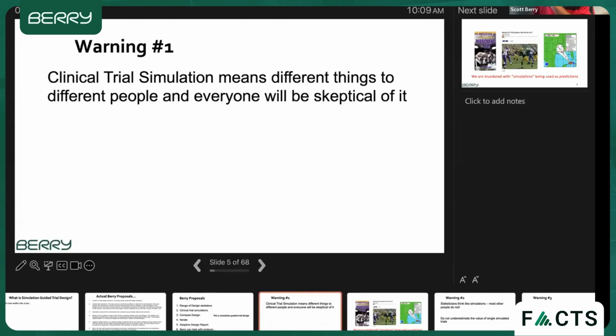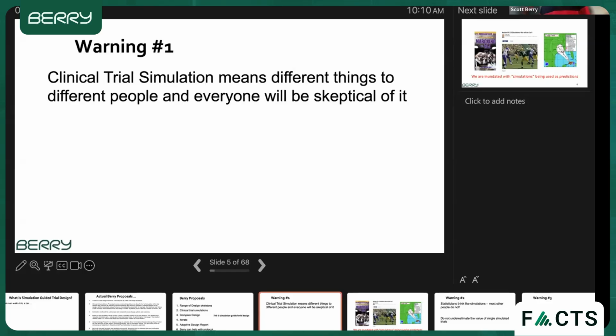Maybe I can touch on those. Clinical trial simulation, when you talk about this, it means very different things to different people. It's partly why in that proposal we lay that out, because if we just say, well, we'll do trial simulation, the person reading that thinks that might be something very different than how we intend it to be used.